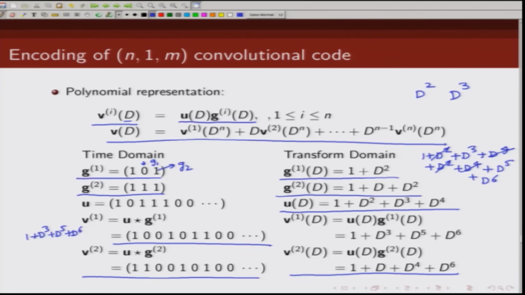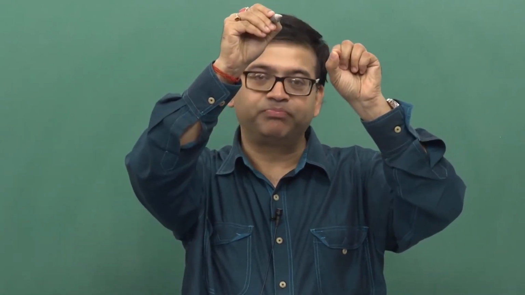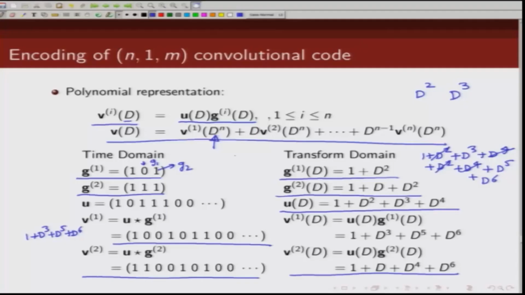Now I can combine these n outputs in this particular fashion. I take the first output, note that I have made it D to the power n, because if it is a rate 1 by n code, the first output will appear after every n bits. The first bit is from the first coded sequence, then after n bits it will again repeat. So that is why I have made it Dn.